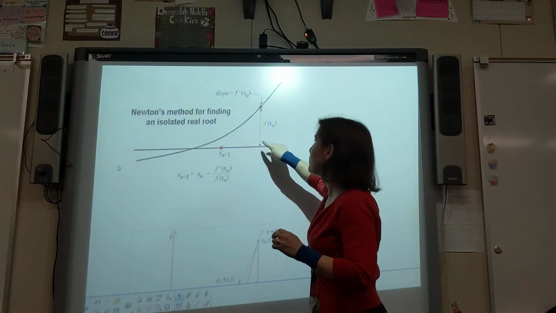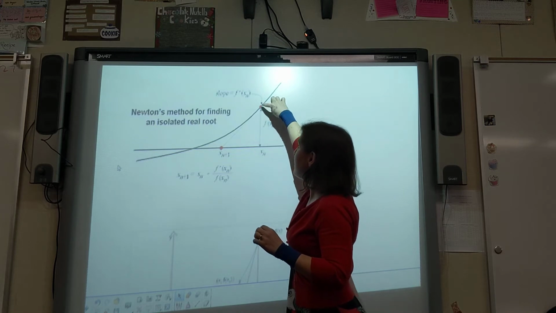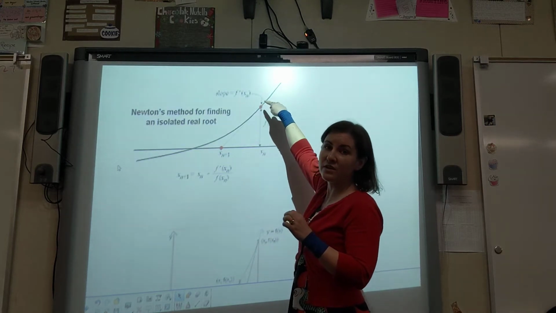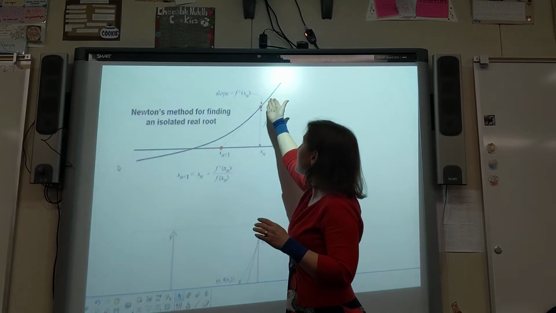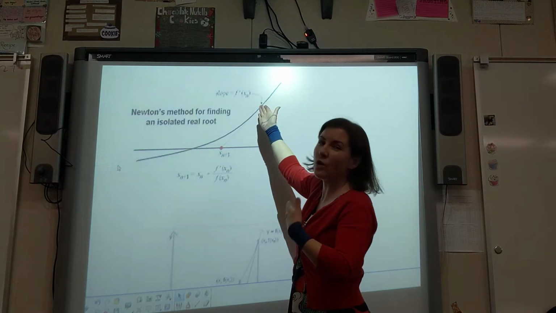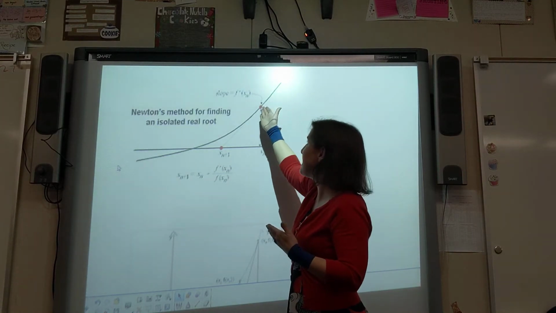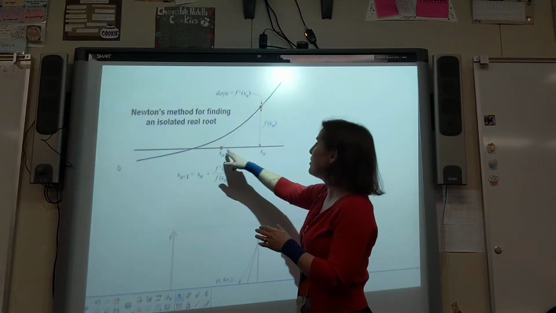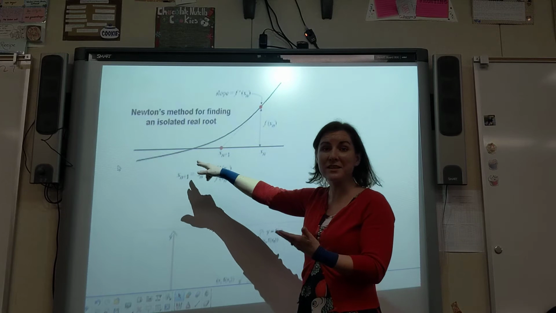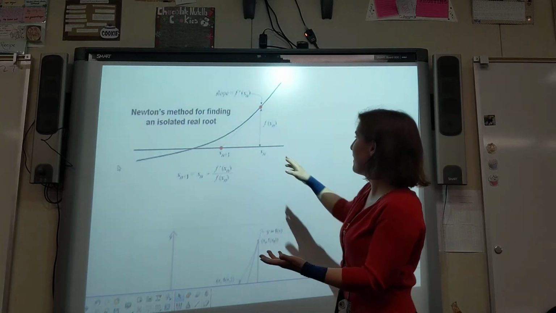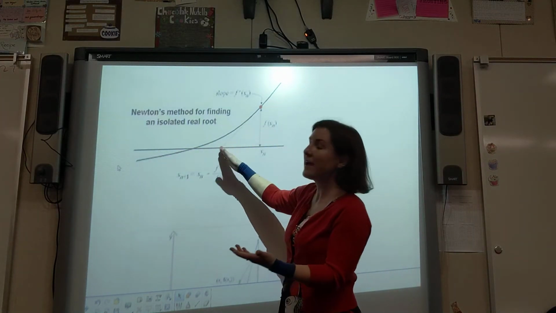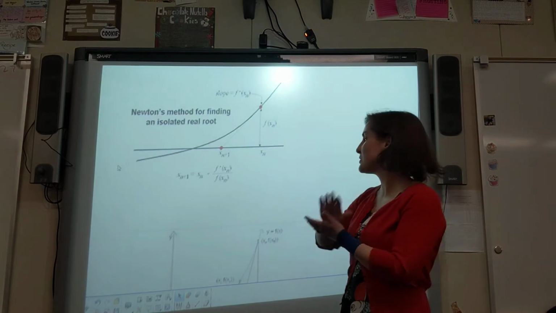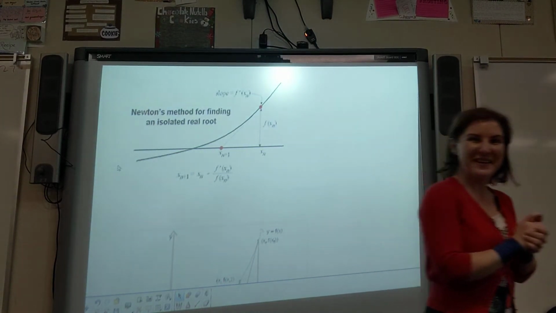Well then, you plug that value in and you get a function value and create a tangent line at that point. That's what the formula does. It does that for you. Creates a tangent line and gets a new x value. And that new x value is closer to the actual 0. It's pretty cool that just by doing that, boom, you're able to get a lot closer to the spot that you're looking for. It's cool.